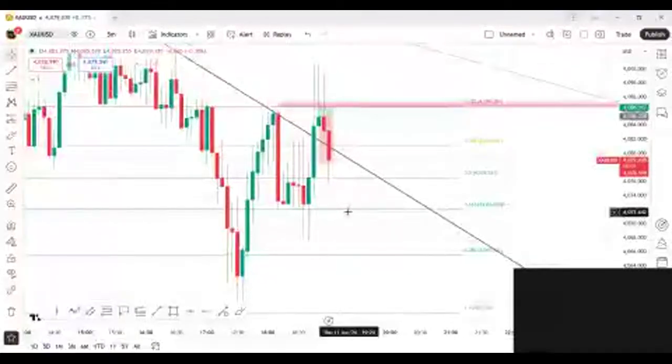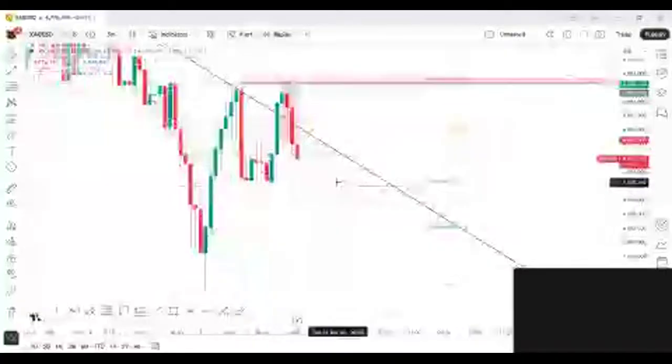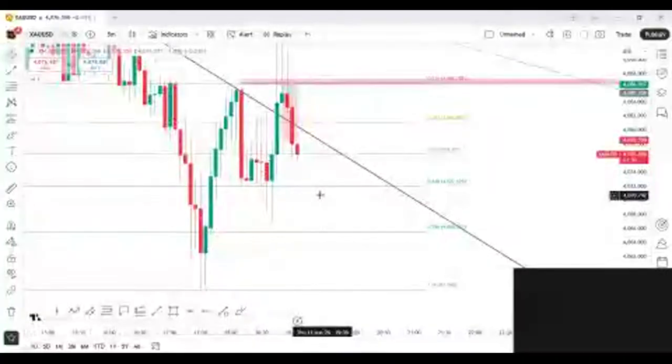Guys, actually the market has really nice, good bullish pressure at the moment. If the market breaks this area, 4072, then we will be looking for sell trades.